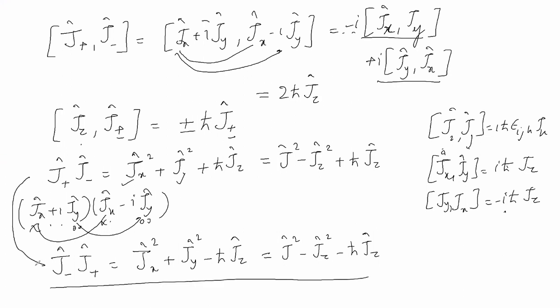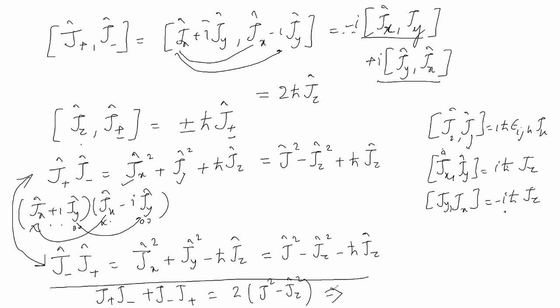Now if you add these two equations, what you will have, J plus J minus plus J minus J plus, this is equal to 2 times J square minus Jz square.